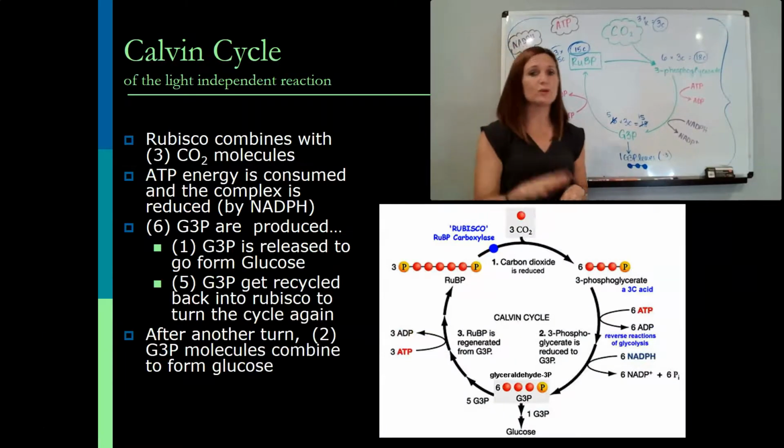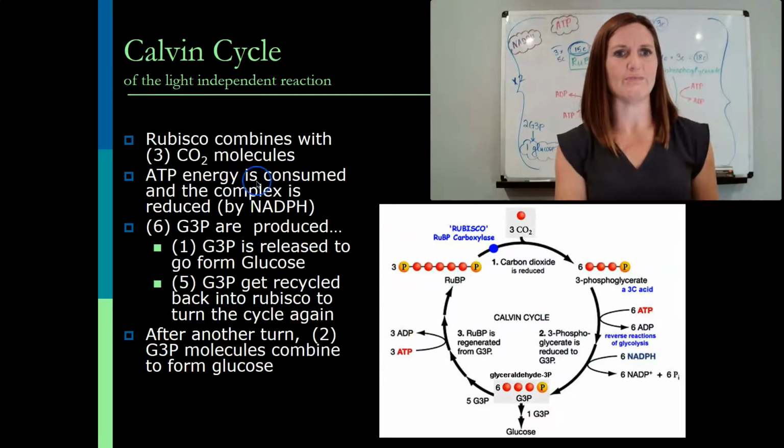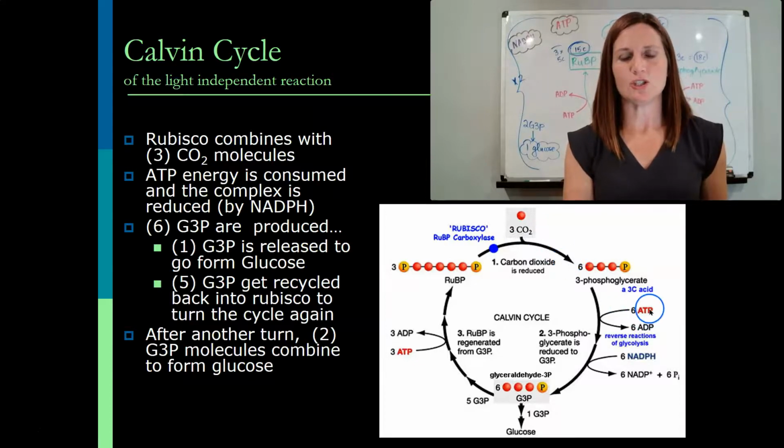So let's read through the instructions as they are said here and make sure that you're following. Rubisco combines with 3 CO2 molecules. ATP energy is consumed, that's right here, and the complex is reduced.